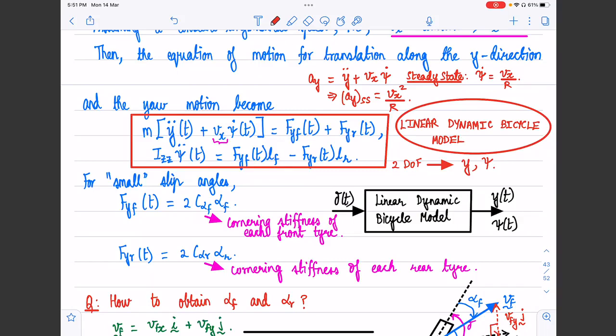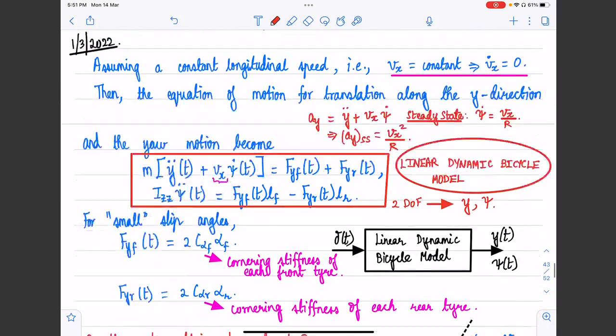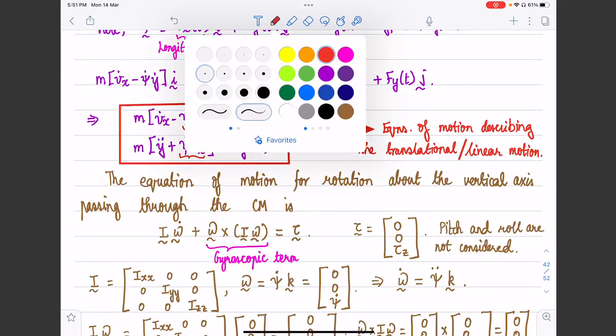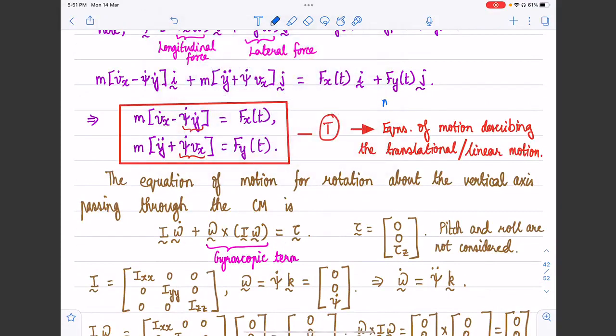On the other hand, if Vx were a function of time, previously, if you recall, we would have got Vx as a function of time. So this equation can in fact be written as, if I take the second equation and put parenthesis t, m times y double dot plus psi dot of t times Vx of t equal to the net lateral force.